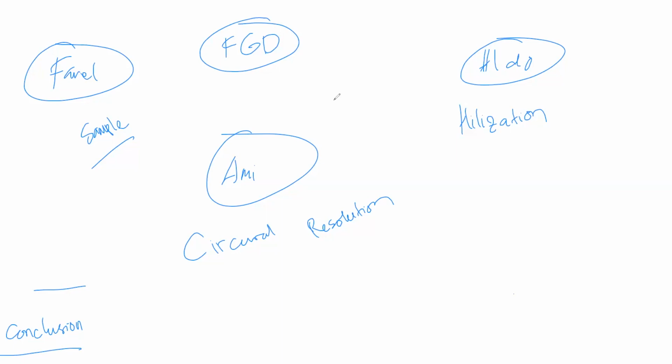We can use circular resolutions in every case, but the requirement is that it needs the signatures of all shareholders. That's the difference between circular resolutions and a general meeting of shareholders.